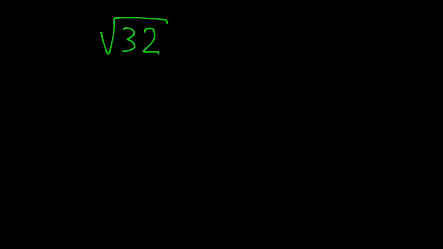This time we have the square root of 32. Square root of 32 is going to be somewhere between 5 and 6. We know this because 5 squared is 25, 6 squared is 36, and the number under the radical here is between 25 and 36. My guess is that it's going to be closer to 6 than it is to 5.